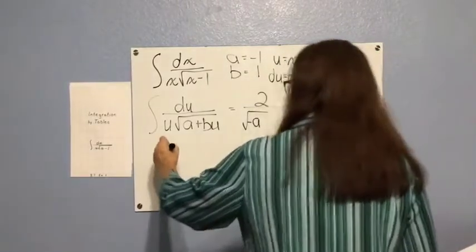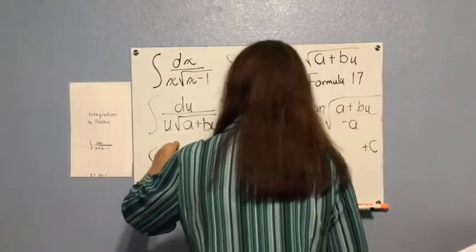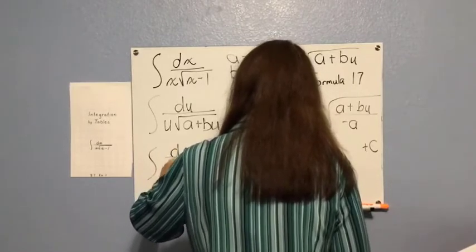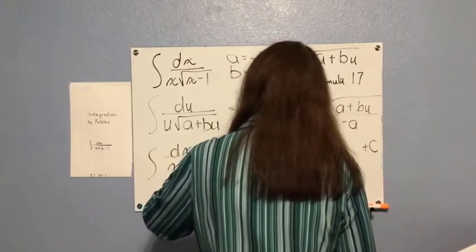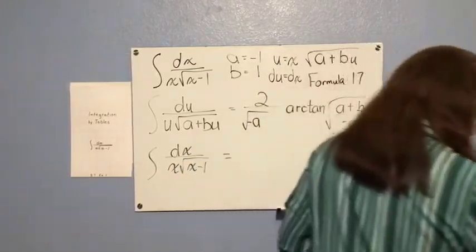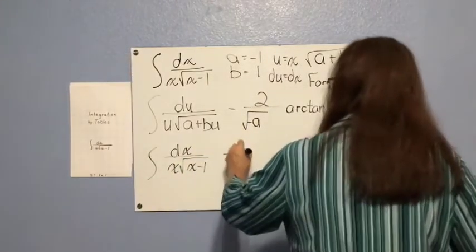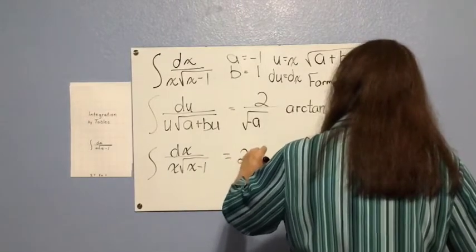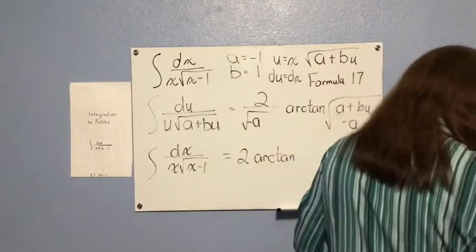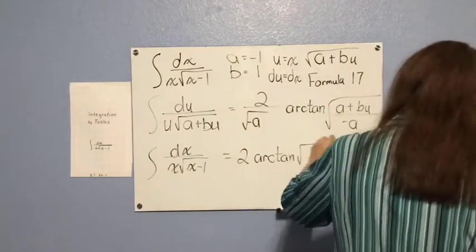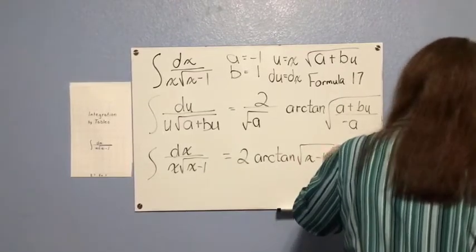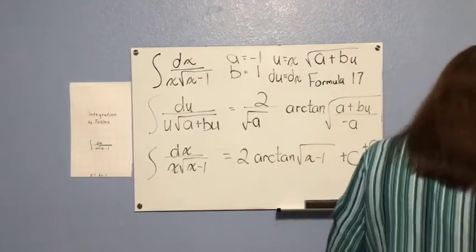So our original integral, dx over x times the square root of x minus 1, is equal to 2 arctangent of the square root of x minus 1 plus the constant.